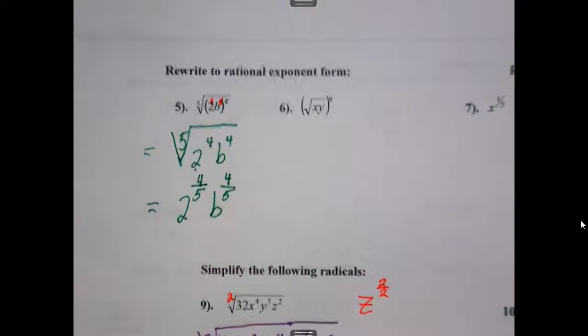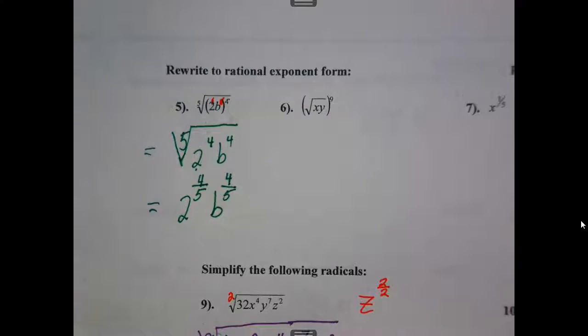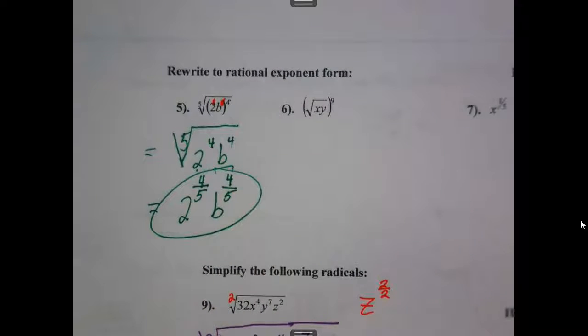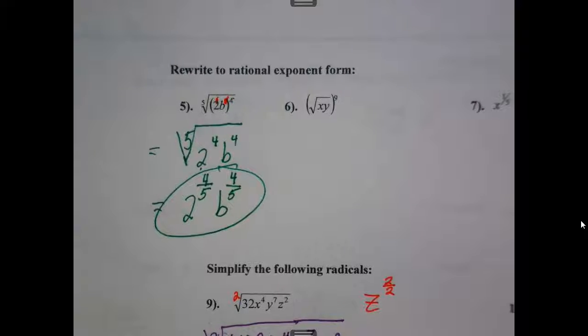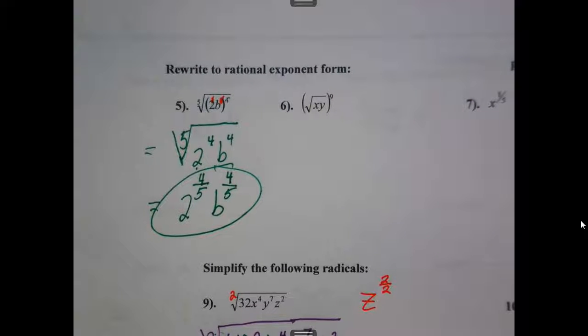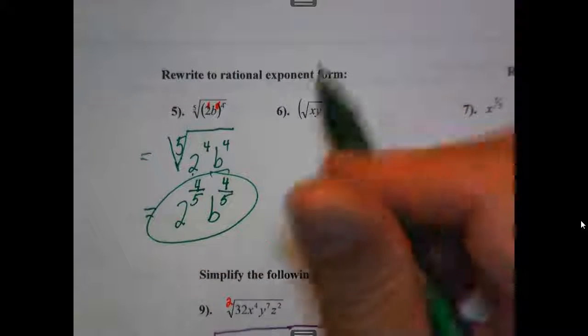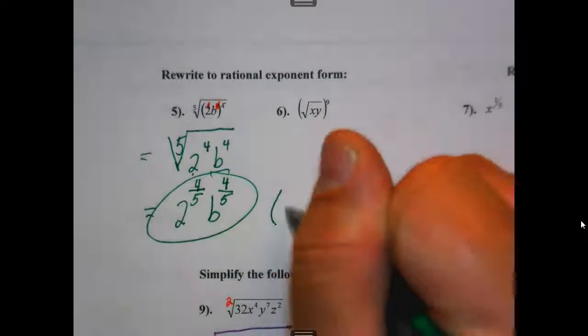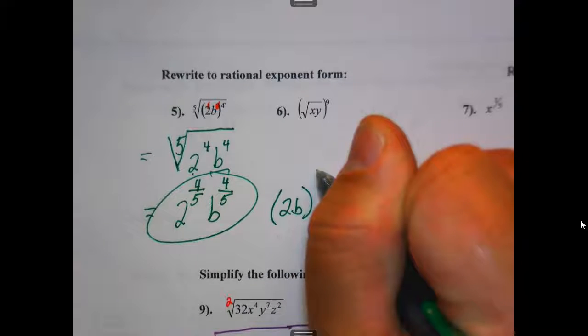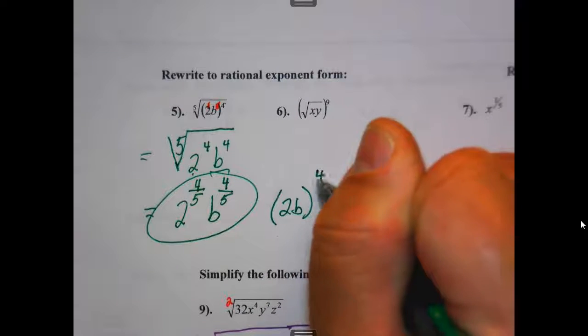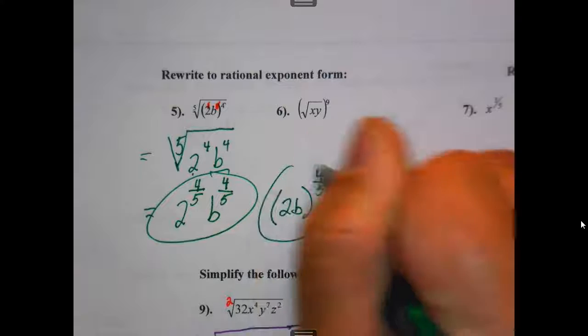I could have done this another way too, but it might confuse you. Yeah, that's another way you can do it. You could do this as 2b to the 4/5. Either way.